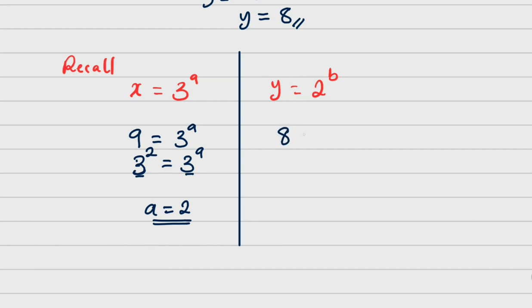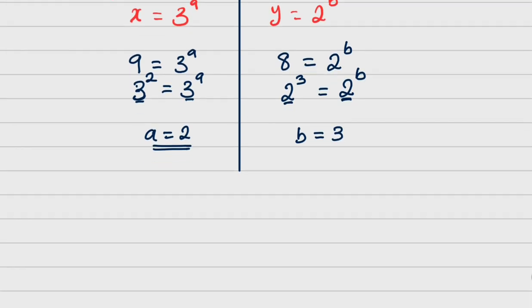So we are going to say 8 is equals to 2 raised to power b. Now, this is 2 raised to power 3 is equals to 2 raised to power b. Just like we made the conclusion in the first part, as far as their bases are the same and the two entities are said to be the same, then the powers must be the same too, so that my b will be equals to 3.